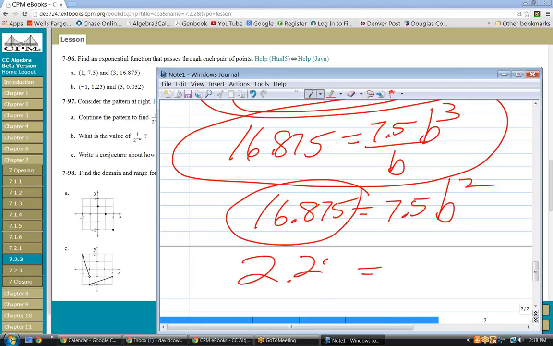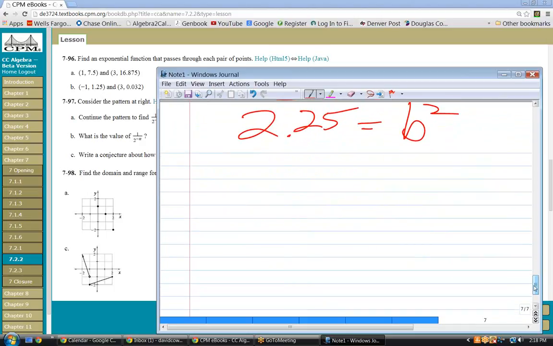My guess is 2.25, even though I'm not looking at a calculator. It is. Okay, how did I know that? What's the next step? Find the square root of 2.25. Exactly. And that's 1.5. That's why I knew that that had to be 2.25.